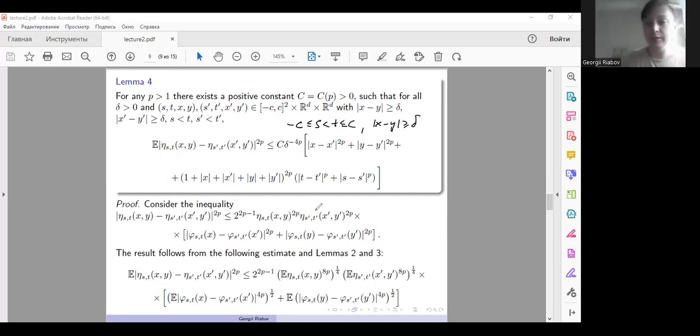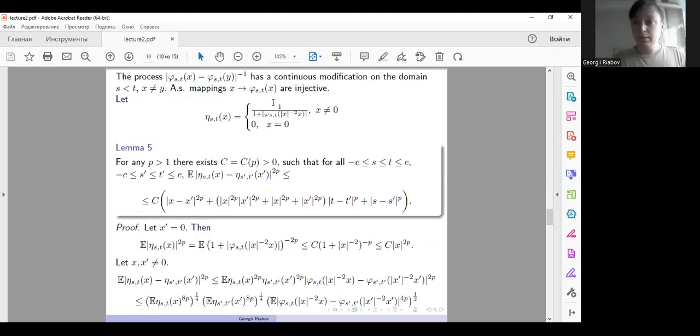Now we can take delta to 0 and c to infinity, and deduce that eta has a continuous modification. As a result, with probability 1, all mappings phi are injective.